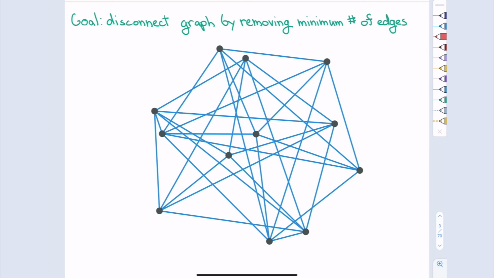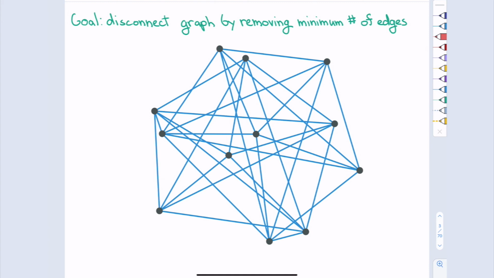So this, as presented, is a completely connected graph. The goal is to delete as few edges as possible so the graph becomes disconnected. I'll give you guys 30 seconds to stare at this.